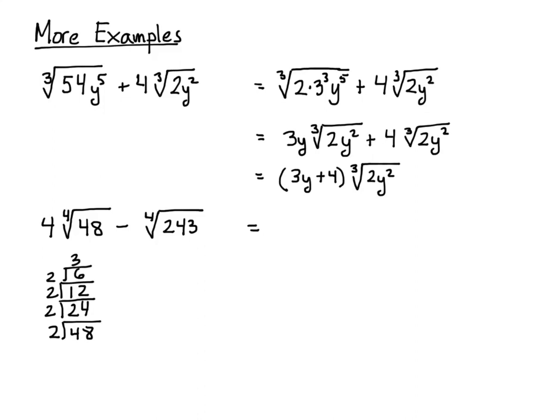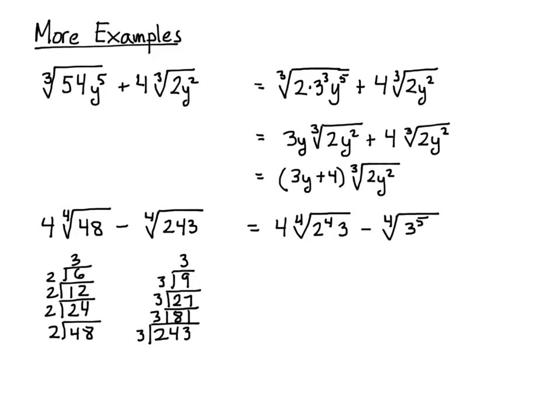So if I did that with 243, 243 is not even, so I'm going to start with 3 and successively divide it by 3 until I'm done. And so there I have 5 3s, and so I can rewrite this in exponential form as 2 to the 4th times 3, and 3 to the 5th, both inside those radicals.